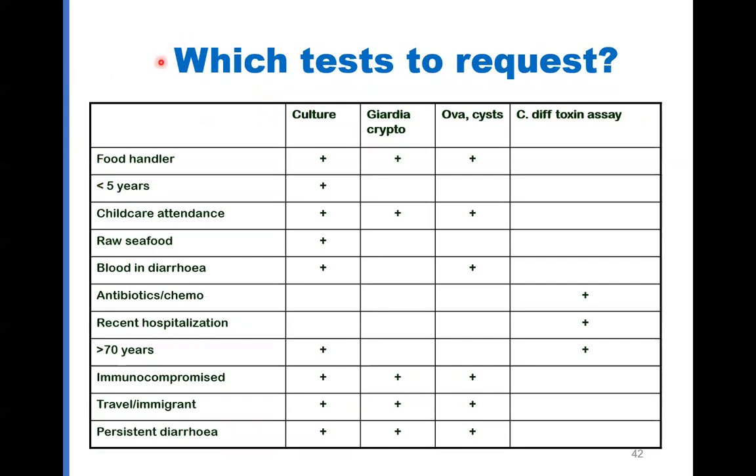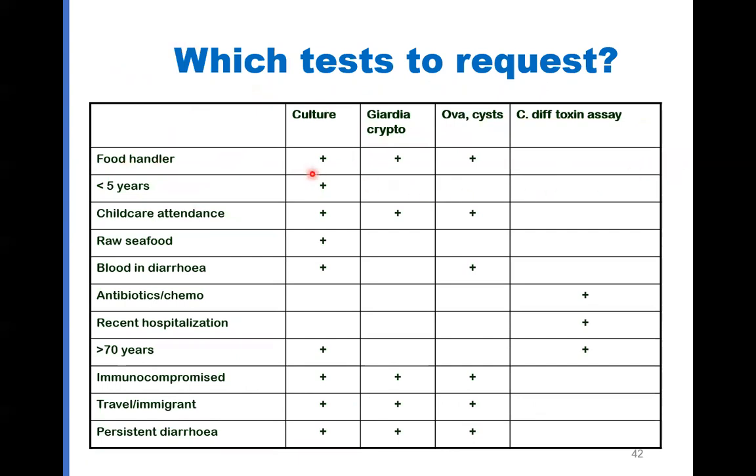Now, when you send samples to the lab, you don't throw stool samples at the lab. You don't say, do everything. Do everything does not make sense. So what are the things you should ask for? You've made up your mind that this sample must go to the lab, but what do you want the lab to do with the sample? There are different tests that you can request.